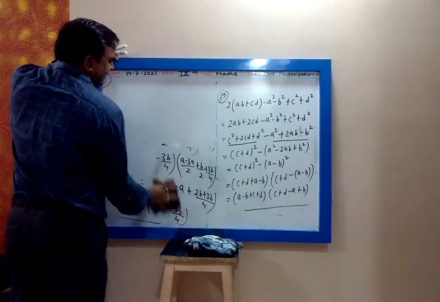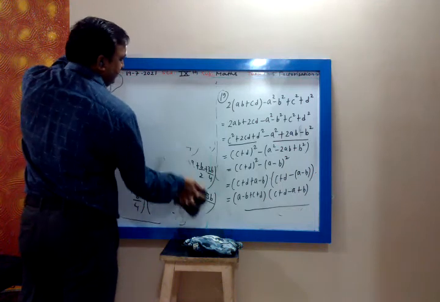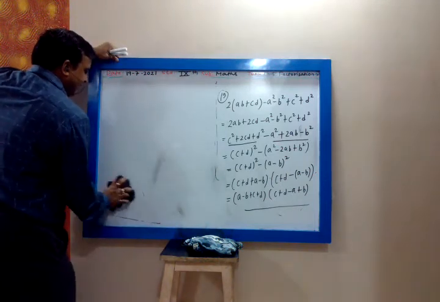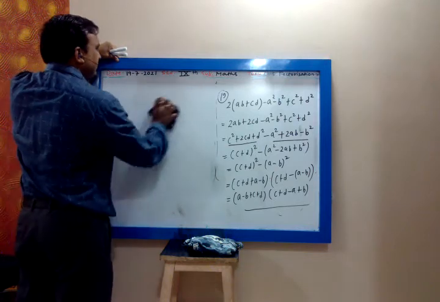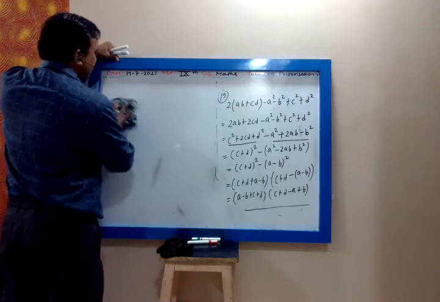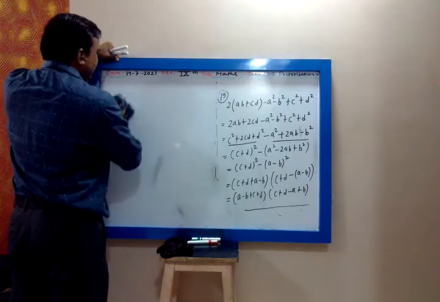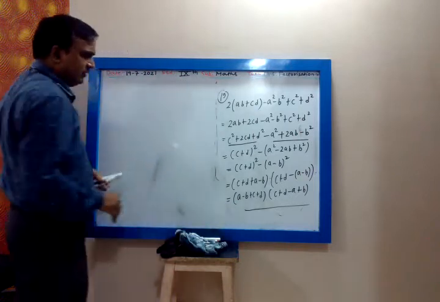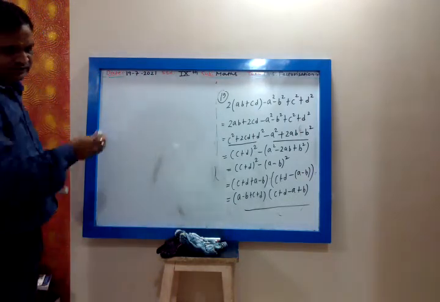When you take the LCM, my dear, again you will take LCM of the A term and B term. You will get the answer that is behind. So you can stop there.